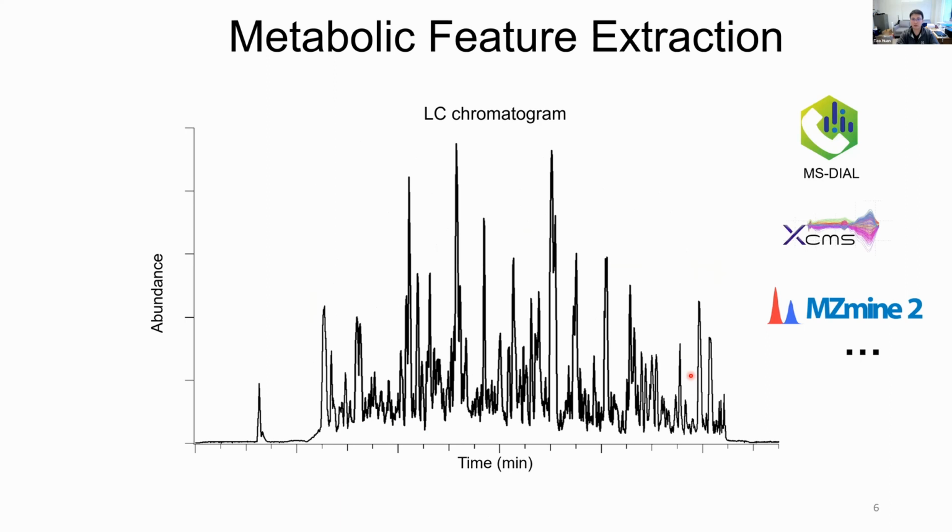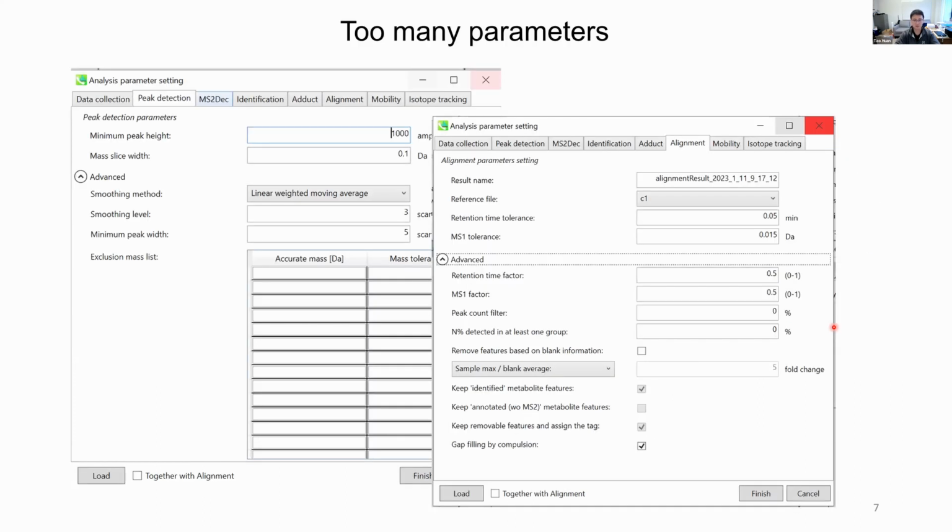So the first thing is feature extraction. This is the first step after we get the mass spec raw data. We want to extract the metabolic features from there. There are several well-established data processing software such as MS-DIAL, XCMS Online, and MZmine, and now they have version 3. But the bigger problem here is that there are so many parameters.